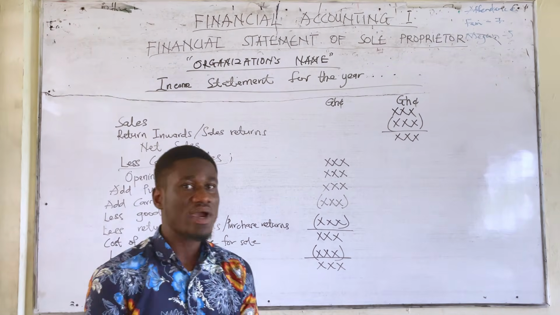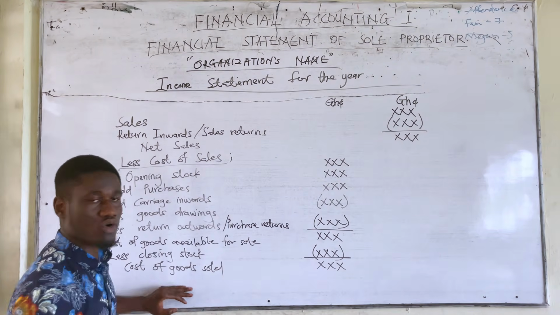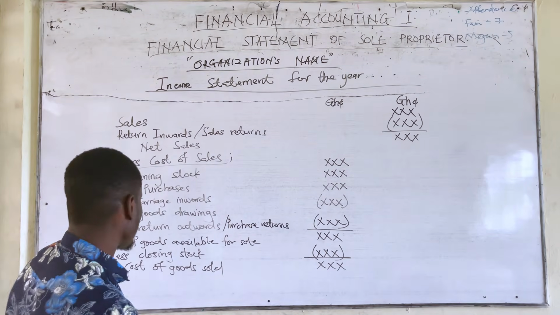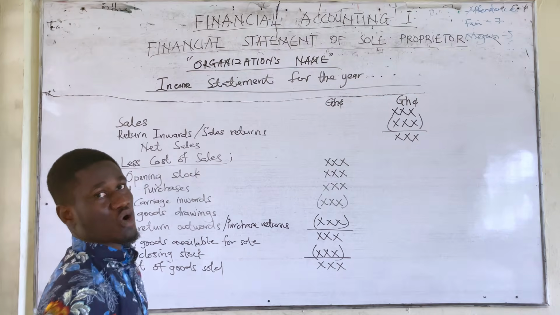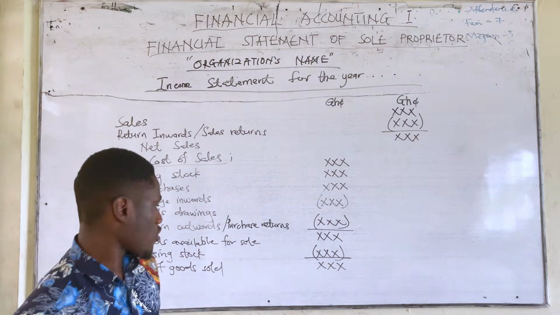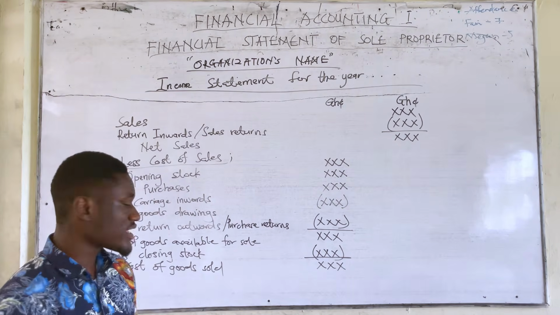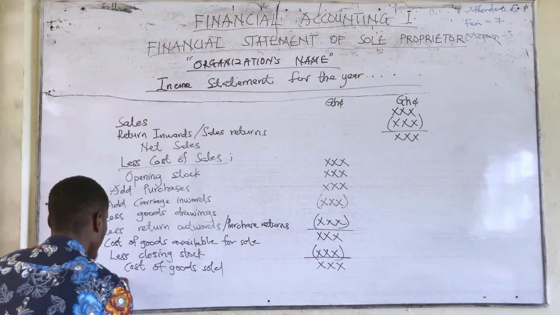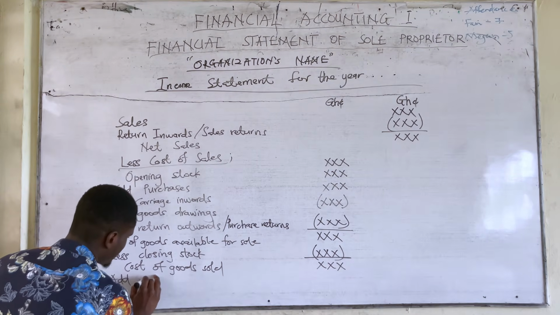Then if there is any wages, we'll add to the cost of goods sold. Do you get it? Some people also send the wages to the expenses side, which is not very wrong. But in the ideal case, we add the wages to the cost of goods sold. So when we come here, we bring add wages.